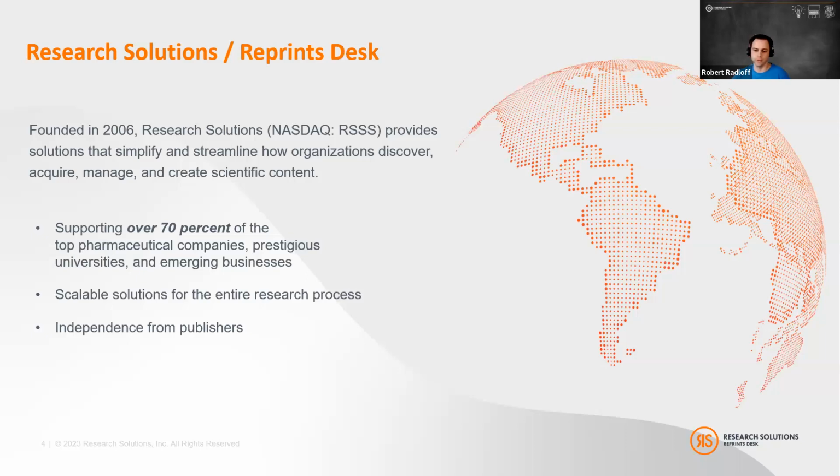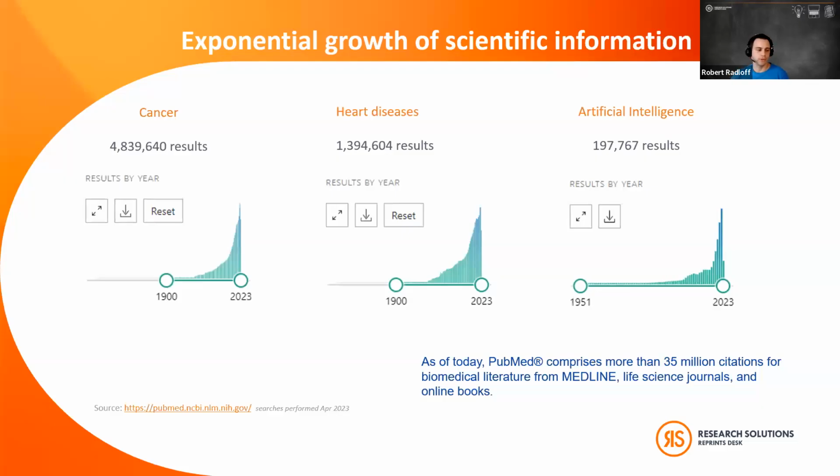Thank you, Julia. Hello, everyone. So our topic today is turn research into knowledge, and today we are in the luxury position that we have a lot of information out there and a lot of data. You see that in those example searches from Medline PubMed. For cancer, we have this exponential growth, and almost 5 million results were returned from Medline, and for heart diseases, over 1 million results. And also, the famous topic right now, artificial intelligence, is also in the medical area really prominent.